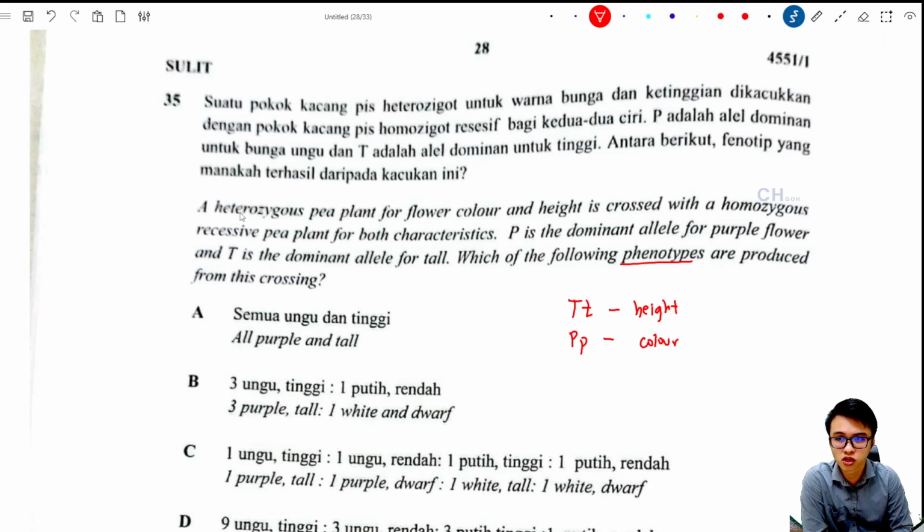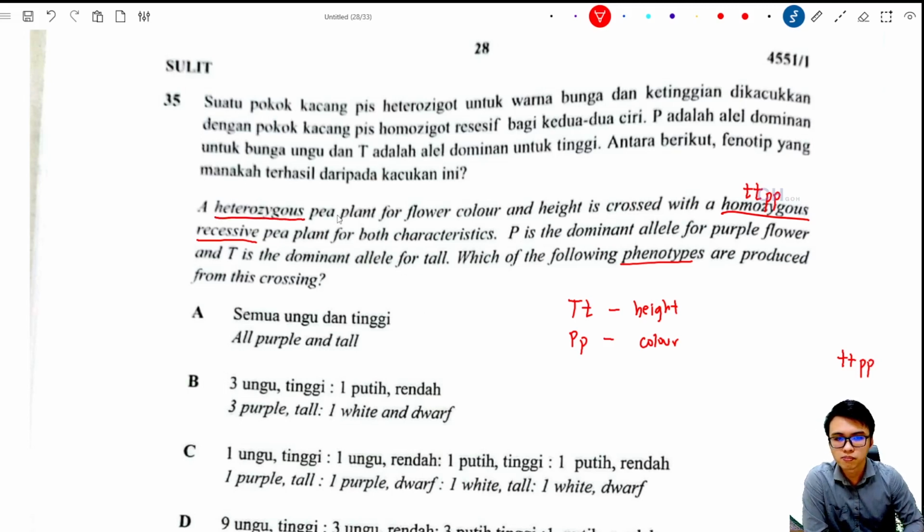Easy, just need to list down the parents' genotypes. The heterozygous P plants for flower colors and height is crossed with the homozygous recessive. Homozygous recessive, we do this one first. That means they have 2 small t and then 2 small p. Okay, write down 2 small t, 2 small p.